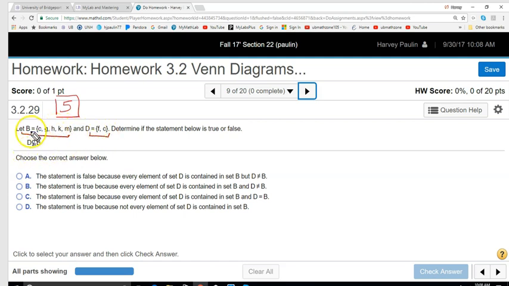Is D a subset of B? No. So this statement is true. Now, which of these will you check? And if you pick D, that is correct. The statement is true because not every element of set D is contained in set B.